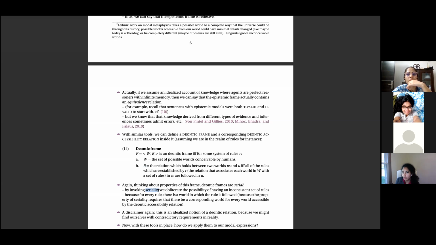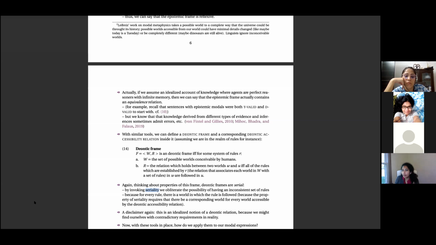Now if you have the notion of seriality, then you're saying for every world, there is some world where all the rules in that first world are followed. So this rules out the possibility of having inconsistent rules.